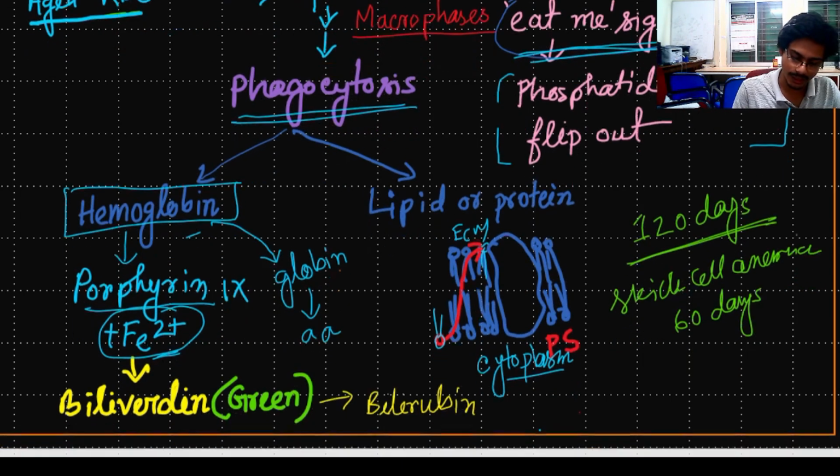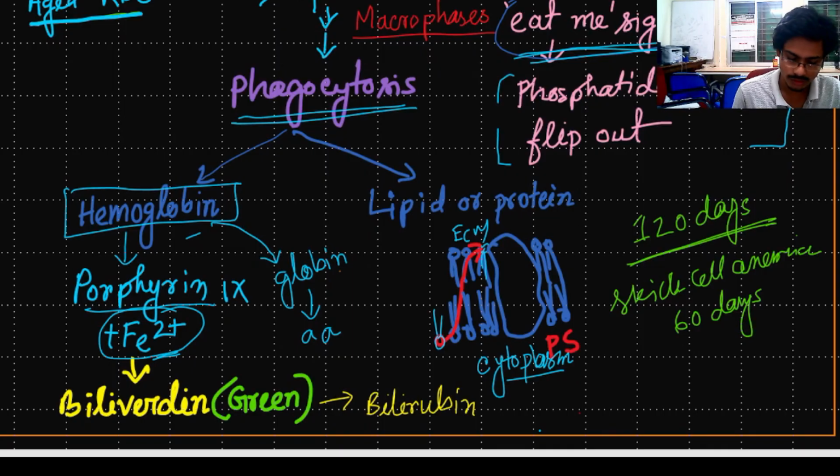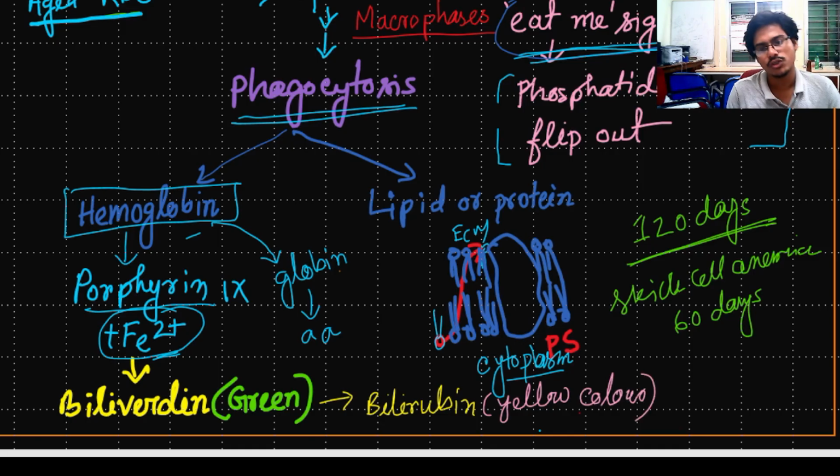Biliverdin is a kind of green molecule. Then it gets converted into bilirubin. Bilirubin is a yellow color molecule, and this bilirubin goes to the liver.